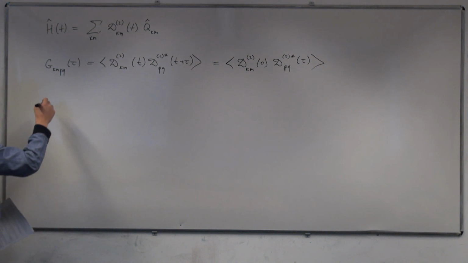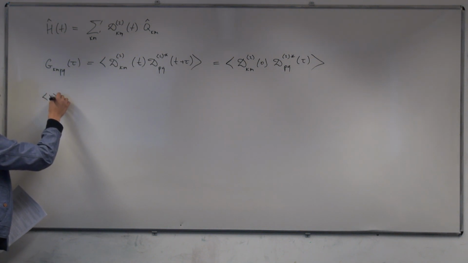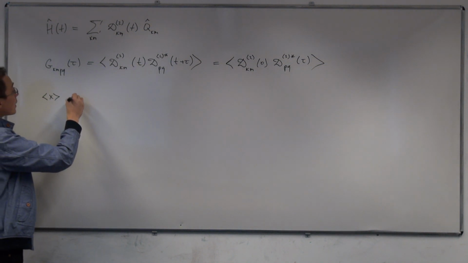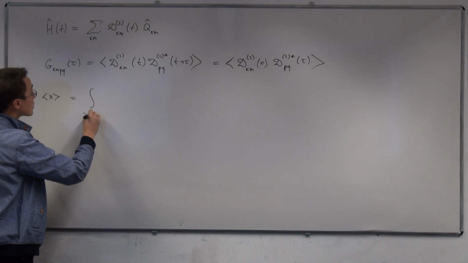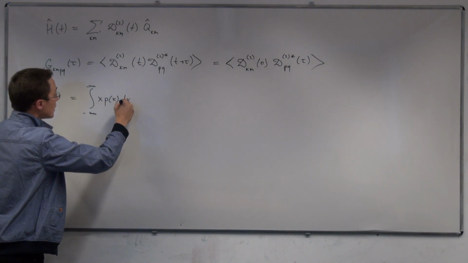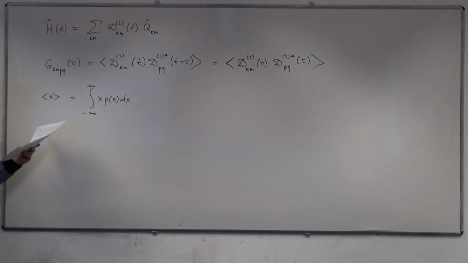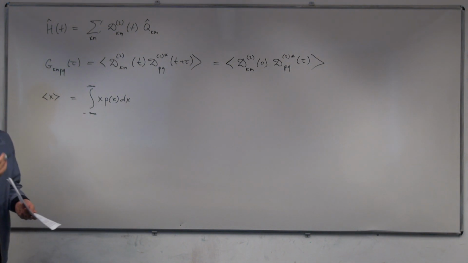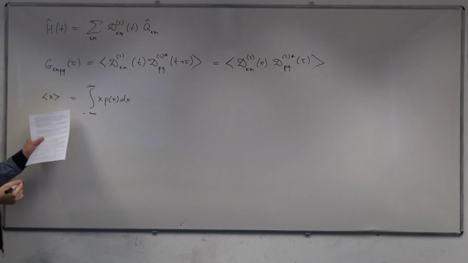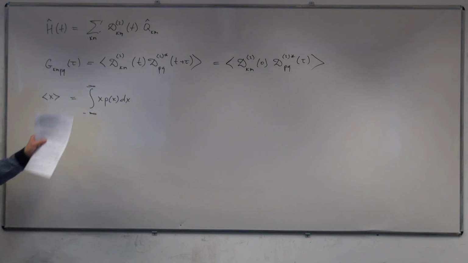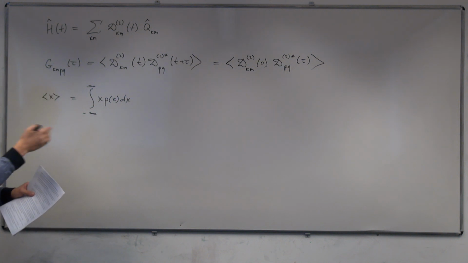So for example, if we are looking at an average value of some variable x in an ensemble, what we can define it as is an integral from -infinity to infinity of x p(x) dx, which is just a generalization of the average, where x is our variable and p(x) is the probability density of that variable. In the discrete case, it would have been the different values of x multiplied by the corresponding probabilities, summed over.